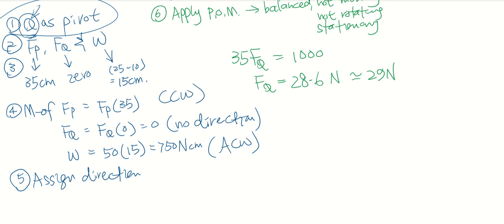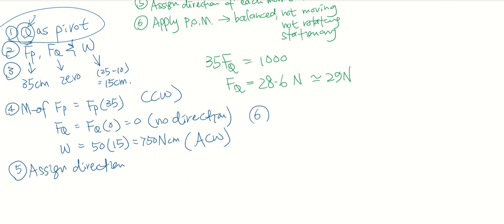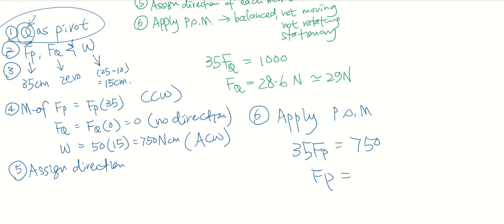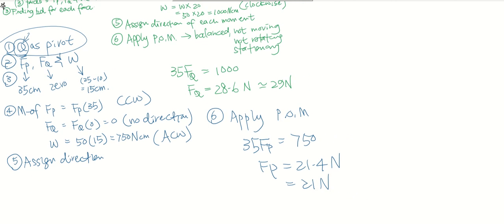So this is assigning direction, and because this is stationary, not rotating, we can now apply our principle of moments. So I will equate 35 Fp to 750, clockwise equals anti-clockwise. So upon calculation, I will get 21.4 Newton. So it's about 21 Newton if I want to fit it into the MCQ.